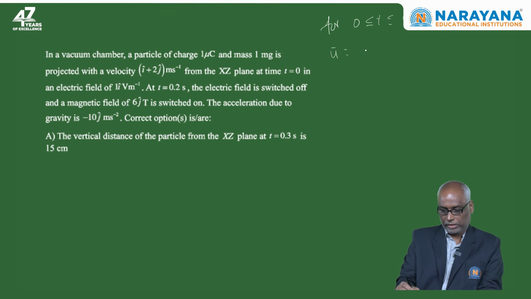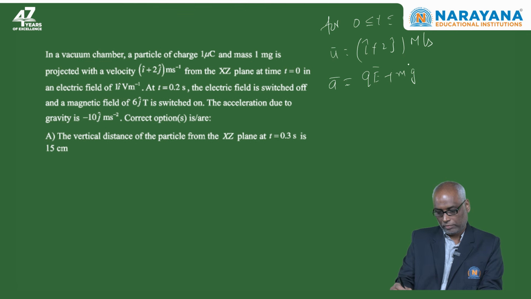initial velocity vector is i plus 2j meter per second. Then acceleration will become equal to, there will be two forces, one is force due to electric field, next one due to gravitational field, whole divided by mass.